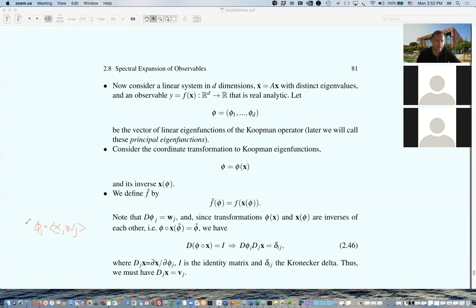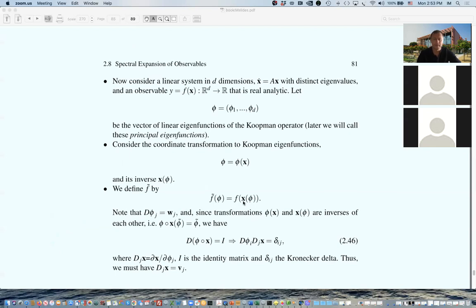So when you take a derivative of this, d acting on phi j, of course, that takes out the x and leaves just the wj. So that's how we get that d phi j is wj, because phi j is a linear function, in fact, a complex inner product with wj itself. So wj is the derivative.